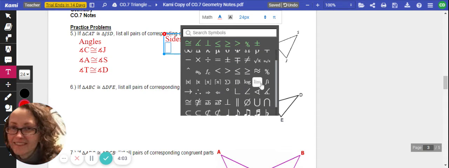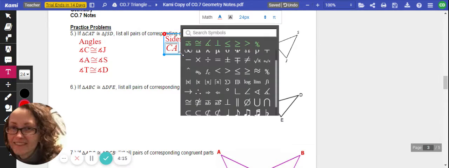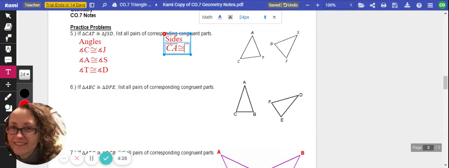I need my segment bar, and then I can say CA is congruent to, well, the first two letters here are CA, and then here they are JS.